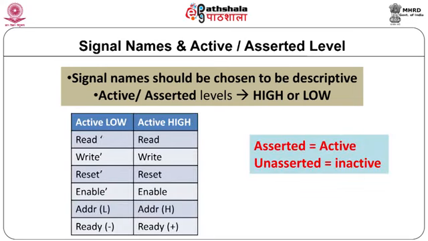Typical signals are indicated here as either active high or active low. So, for example, for memory interfacing we prefer read bar, write bar, or maybe for microprocessor microcontroller we require reset bar, address, ready signal. We can have similar signals which are in an active high form as well.